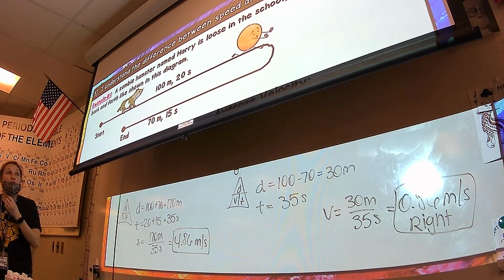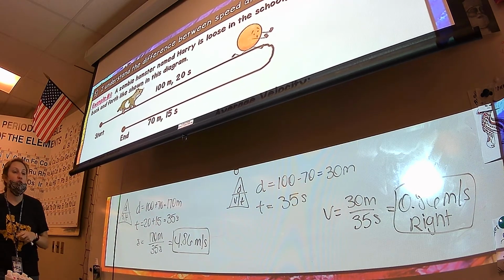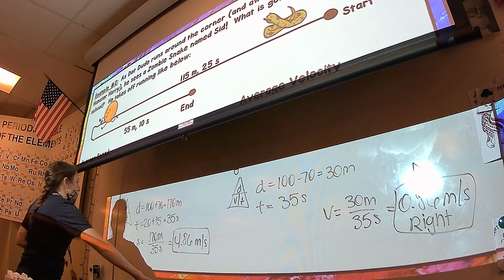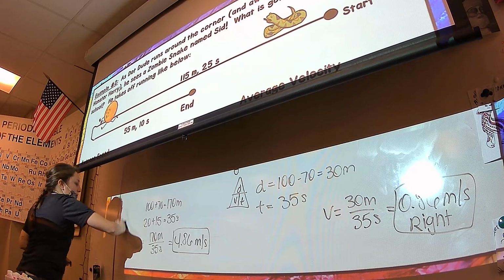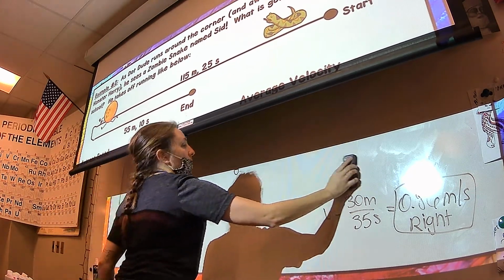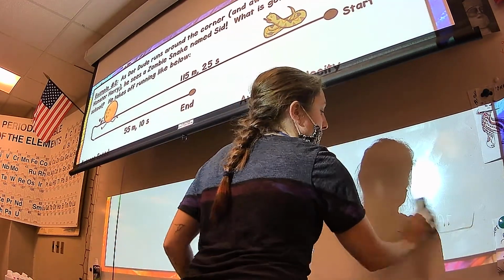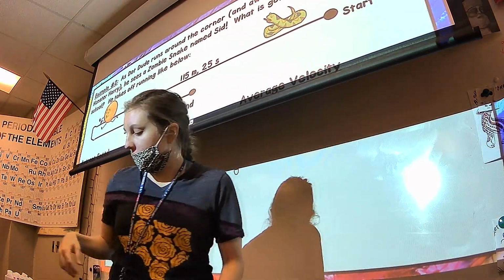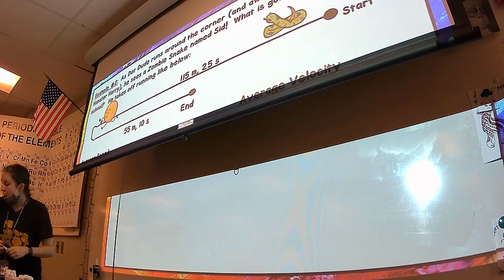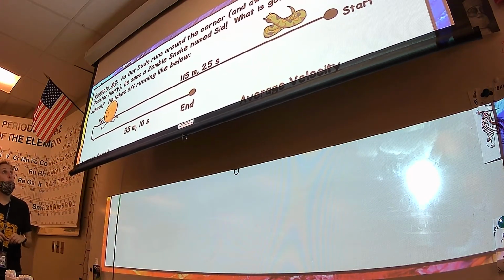We're going to do one more example, that exact same situation, just a different diagram. I'm also going to switch markers so that we can see it a little bit better, hopefully. Alright, so average speed goes first.